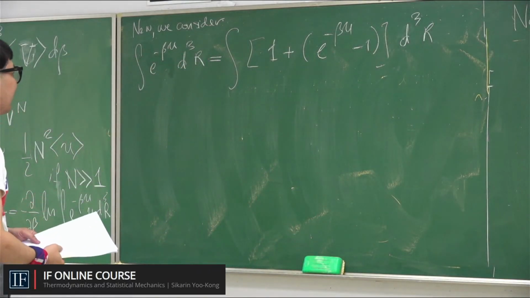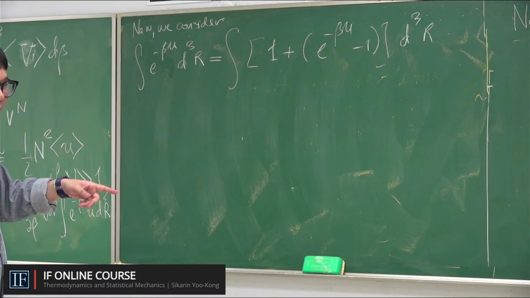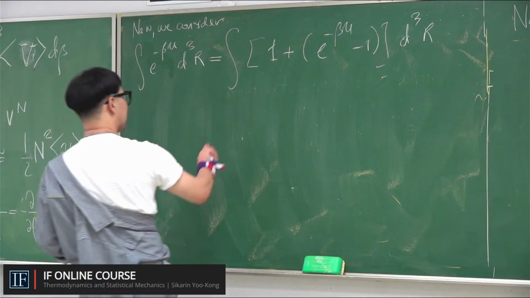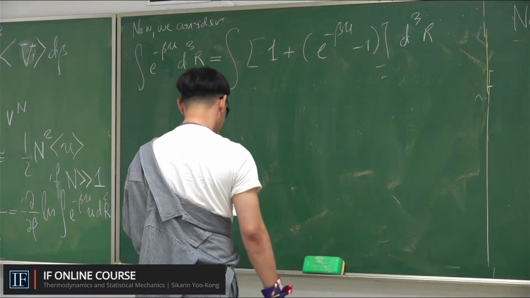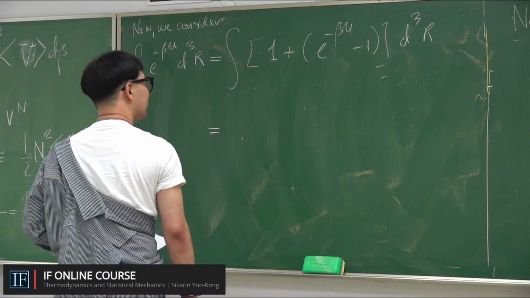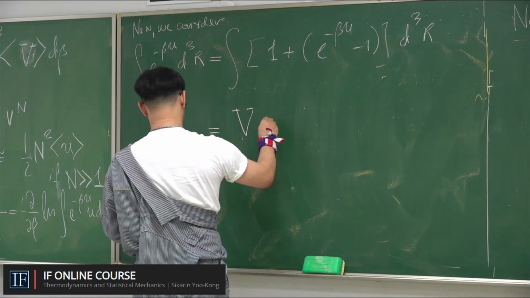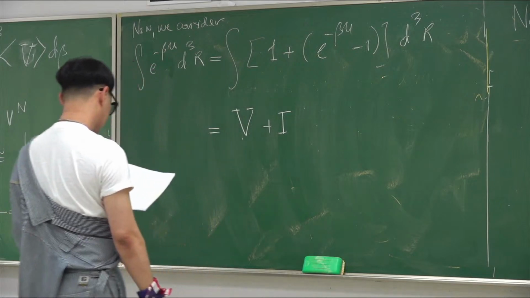So what I did is I just put 1 and minus 1, which is actually 0. Nothing there, right? But this could give you a trick, actually. It's going to give you this.